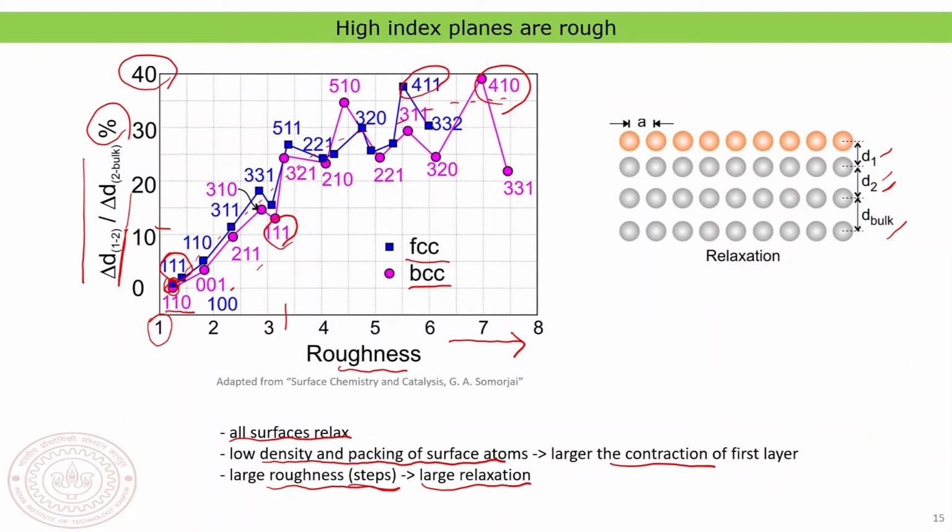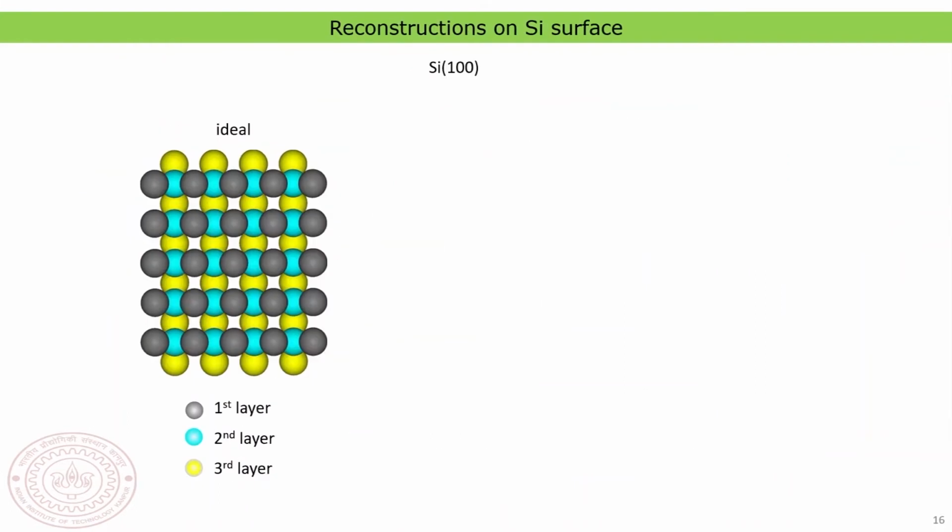That is also what we have seen, that high index surfaces in general have very high relaxation and therefore very high reactivity. That is the point here. Whenever you have a higher roughness, points in this range represent higher reactivity of the surfaces. Now let me show you a few particular examples.